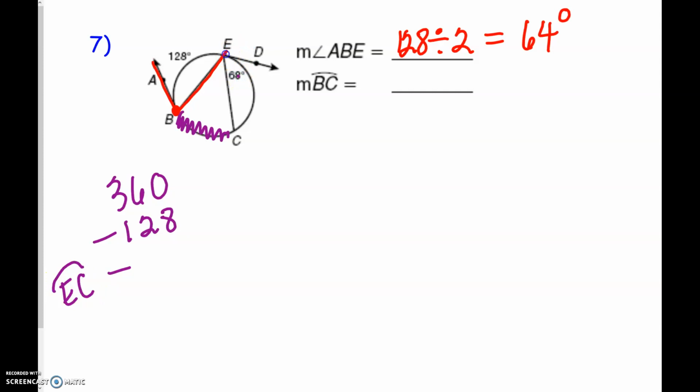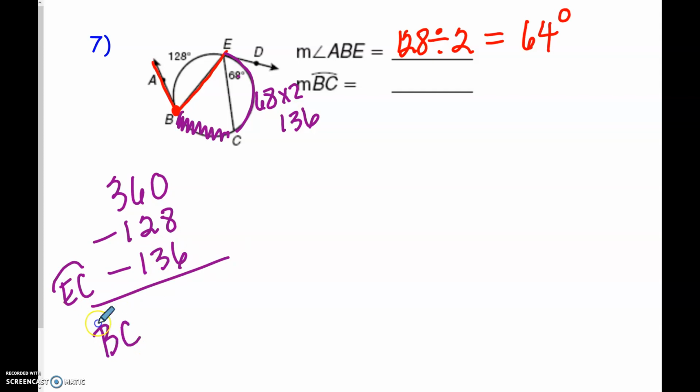Well, if this is 68, then this arc right here is going to be 68 times 2, and that's 136. So now if I take 360 minus 128 minus 136, that should give me my arc BC. I think I did my math here, and I got 96 degrees.